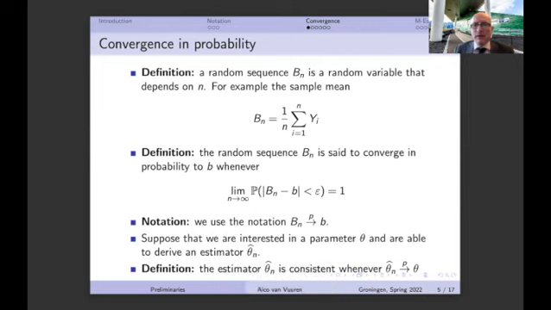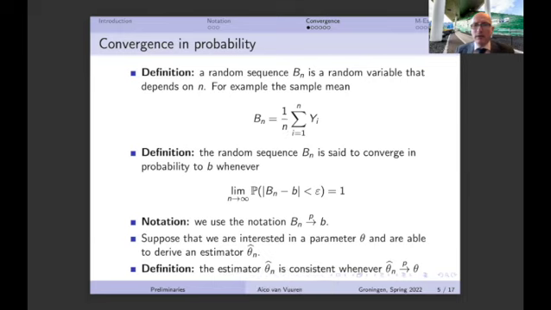Now, the main question always arises: what does it mean that a random variable depends on something, in this case, on the sample size? That does not mean that the outcomes of this random variable depend on the sample size. It means that the distribution of this Bn that we have over here depends on the sample size. You can think of a particular example. Suppose, for example, that we look at the so-called sample mean.